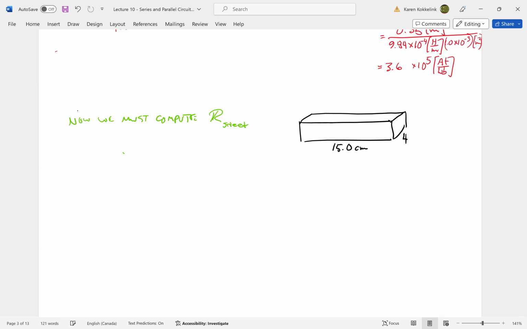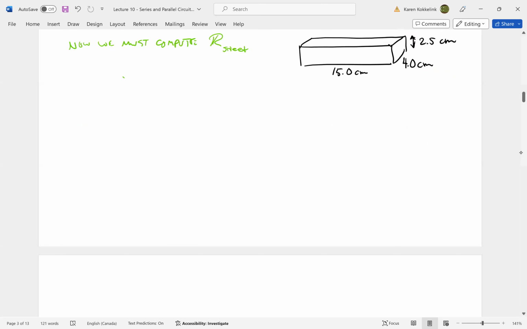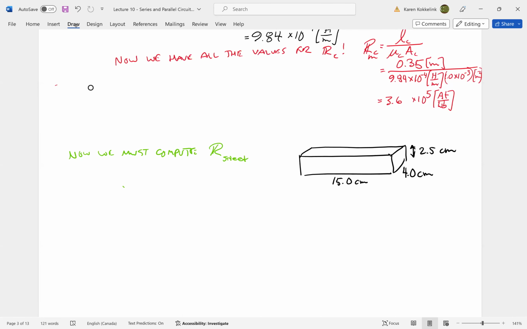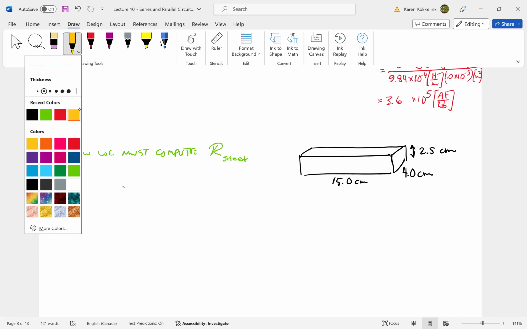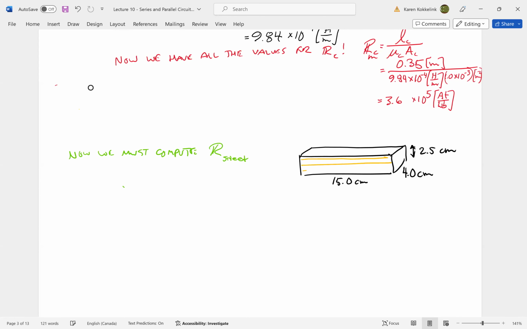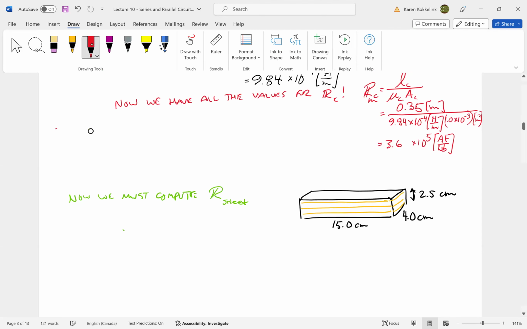It's 4.0 centimeters back here, and it's 2.5 centimeters tall. So here is our geometry, but if we remember, it's actually also laminated. So it has these laminated sections in it, and that matters. Here's some cast steel and some laminations that are yellow there, and that does matter.